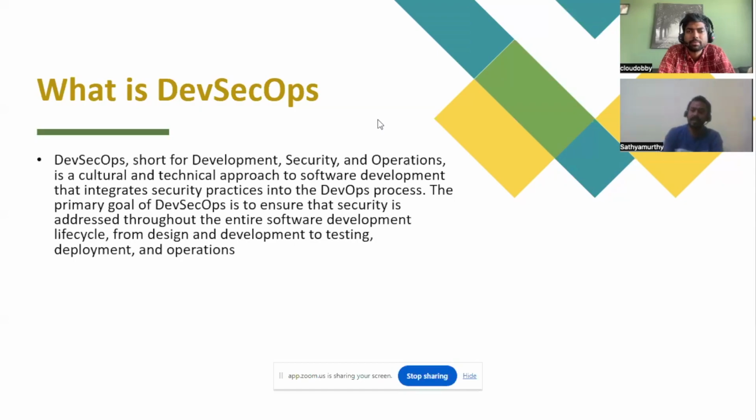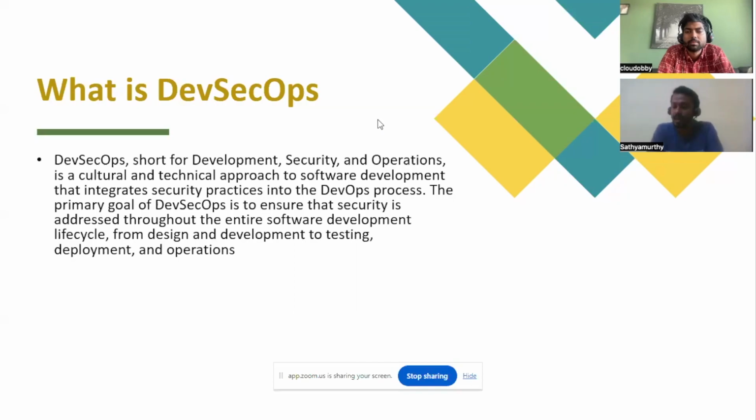In traditional software development processes, security is often treated as a separate phase implemented late in the development lifecycle, as a post-deployment activity. This approach can lead to security vulnerabilities being overlooked and discovered only after deployment, resulting in costly and time-consuming remediation efforts.